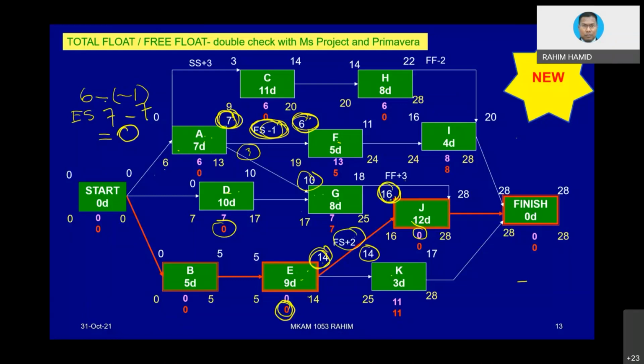Now we zoom into G and J, which is quite special because from what we have learned so far, free float we can identify easily between this value and this value, as simple as that, because of the finish to start relationship. But for G and J, the relationship is not finish to start.